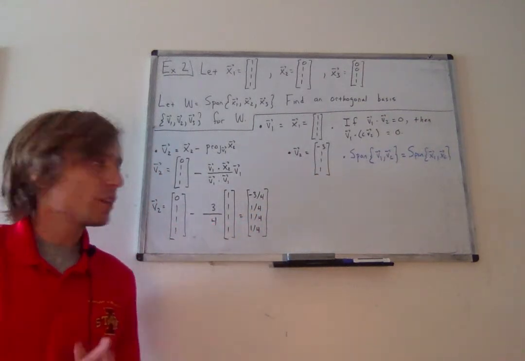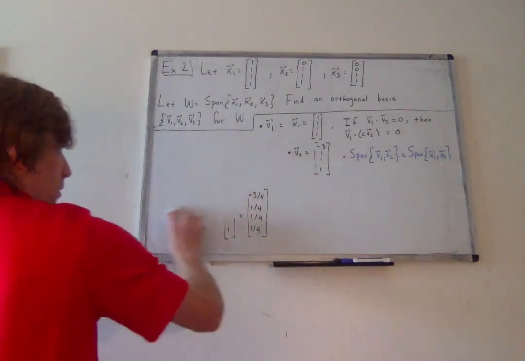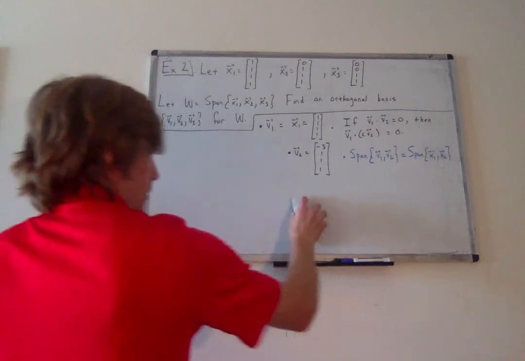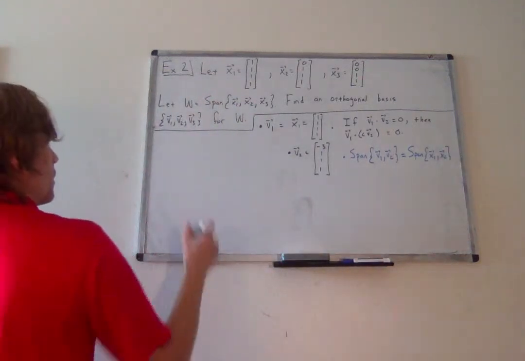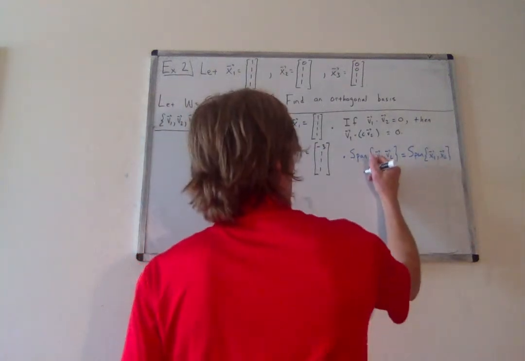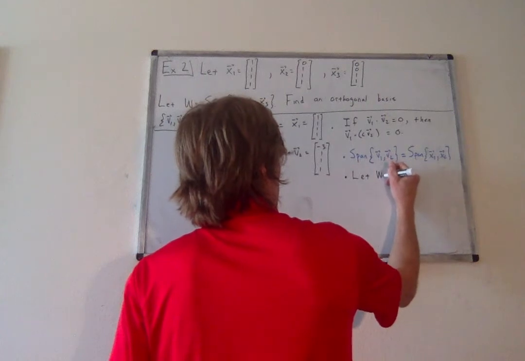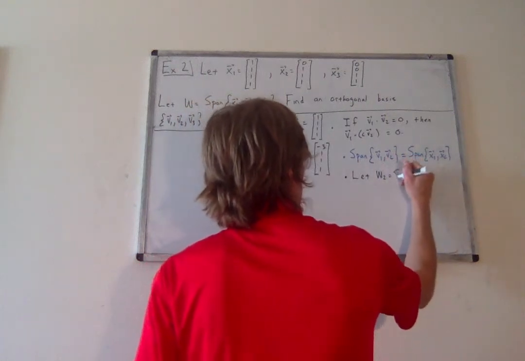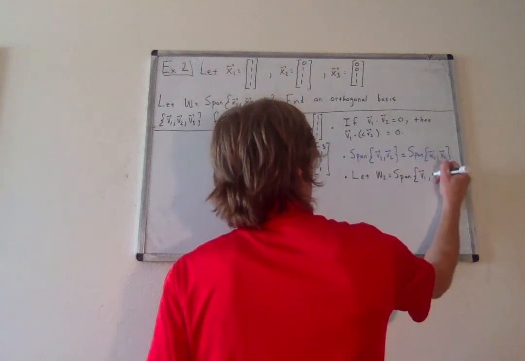But much like we calculated v2, we're going to use our knowledge of orthogonal projections to calculate the vector v3. So I'm going to let this subspace, I'll call W2, the span of v1, v2.